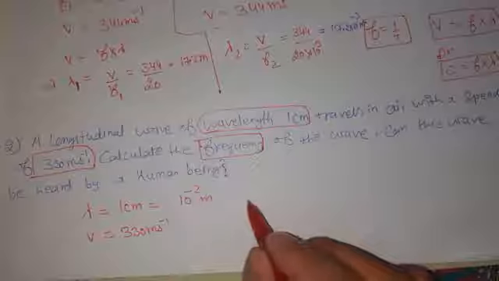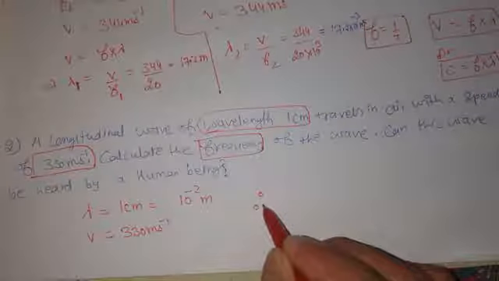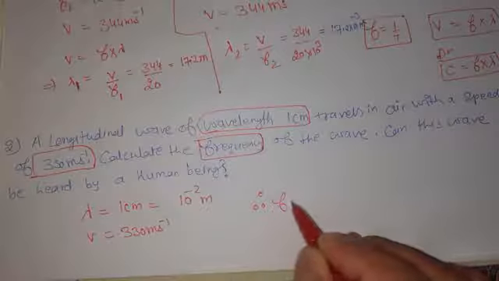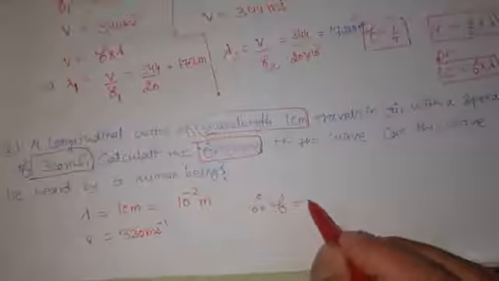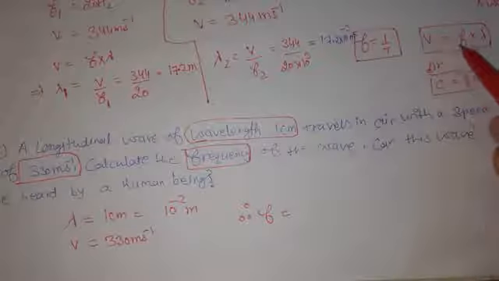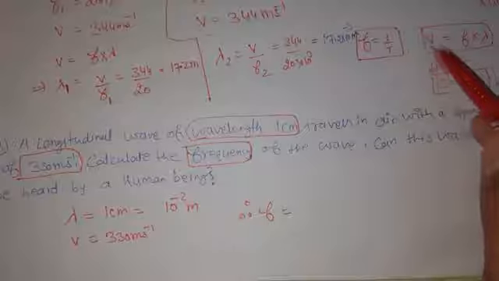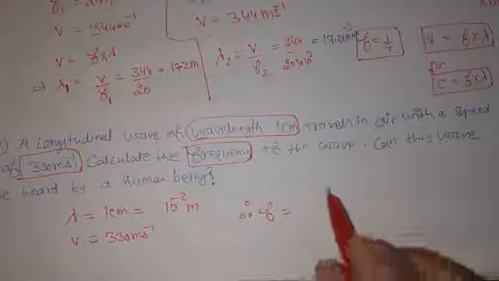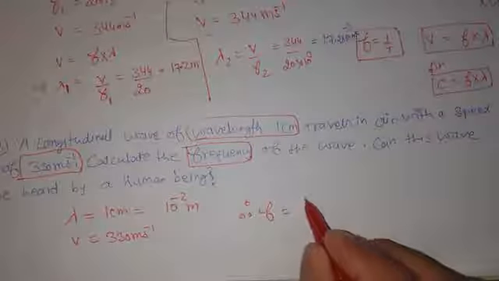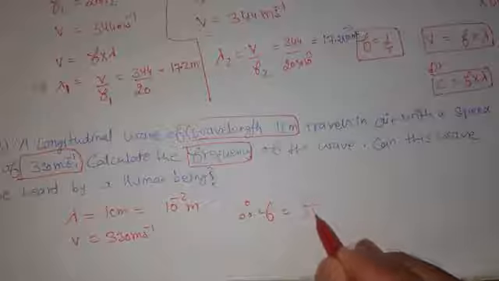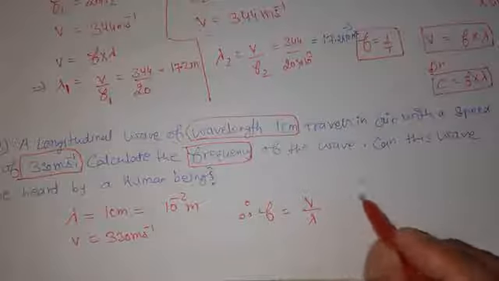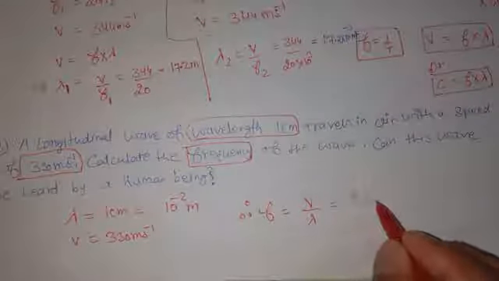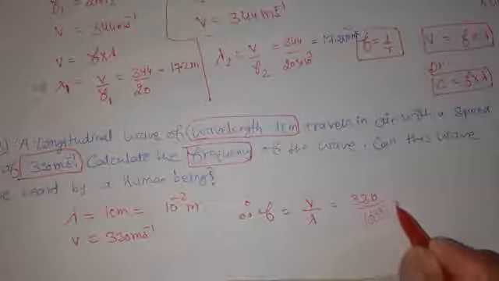Therefore, what will be the frequency then? As the formula already written, since the speed here is less than the speed of light, we use this formula. So the frequency is equal to speed upon wavelength, which is 330 upon 10 to the power minus 2.